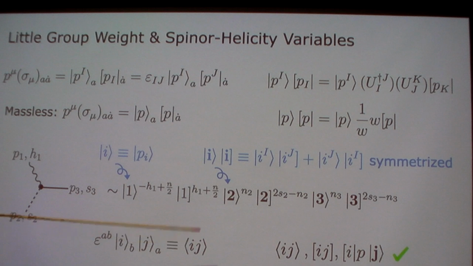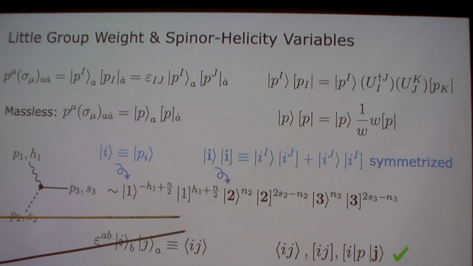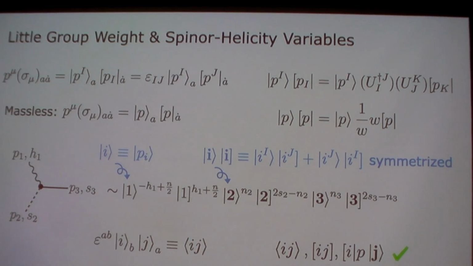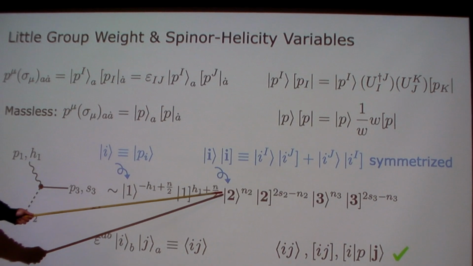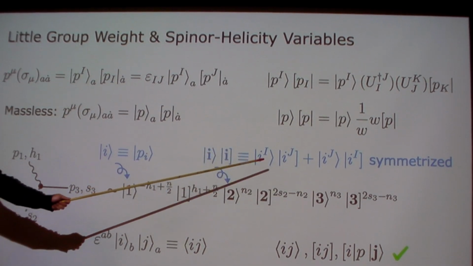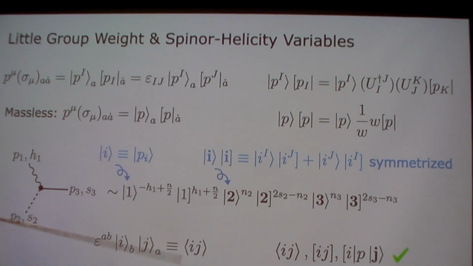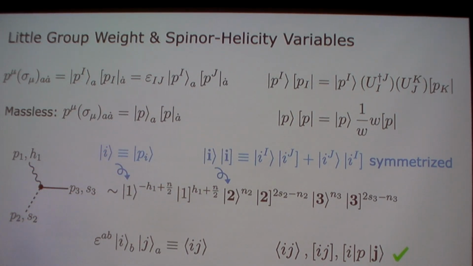So if you just symmetrize it, it will have the correct little group transformation property for a massive particle. And for simplicity, we just bold the number, meaning that you symmetrize all the combinations of the little group index.